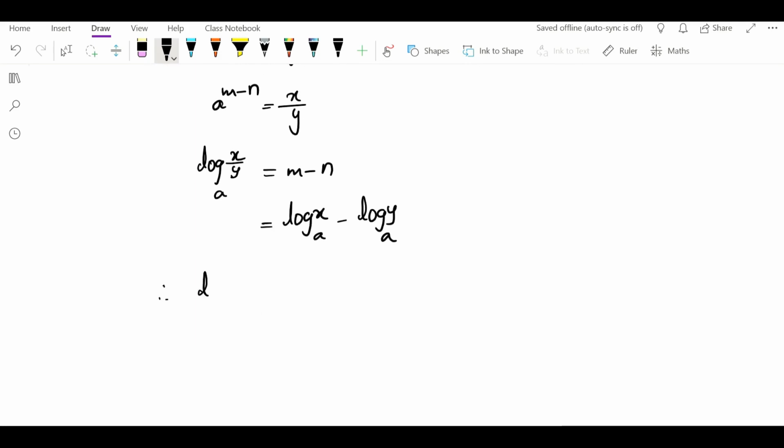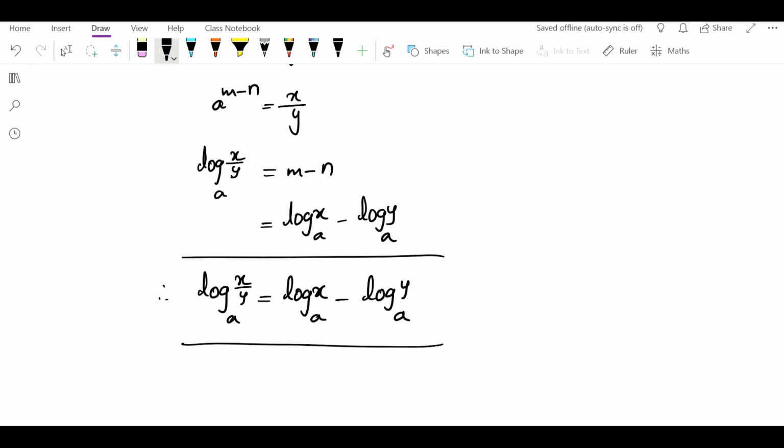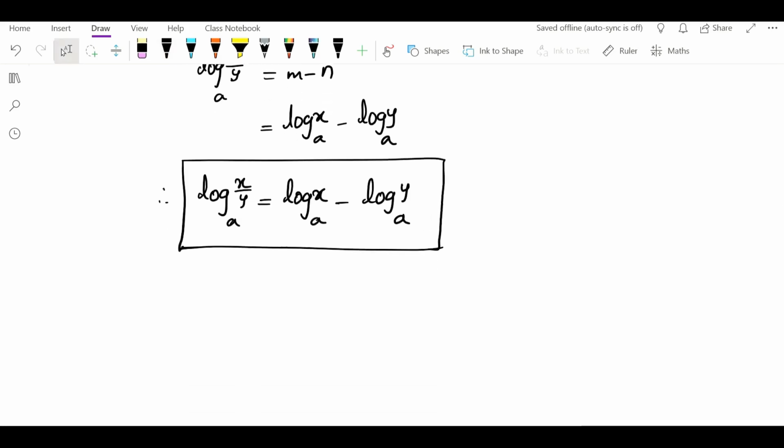Therefore, log x by y base a is equal to log x base a minus log y base a. This is called quotient rule. This is the fourth property of logarithms.